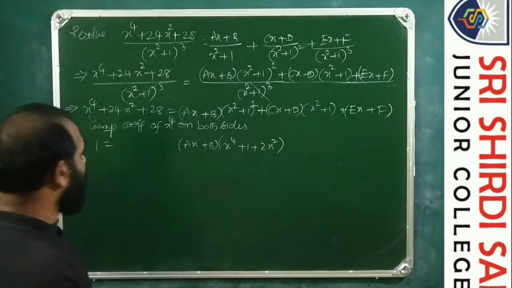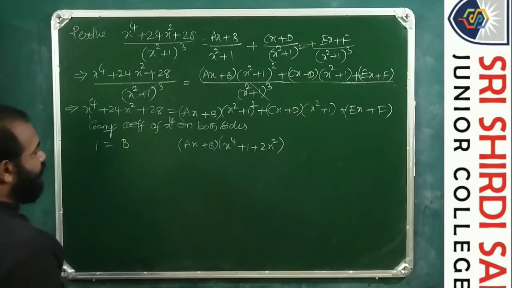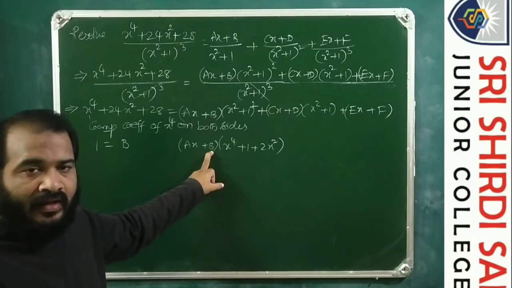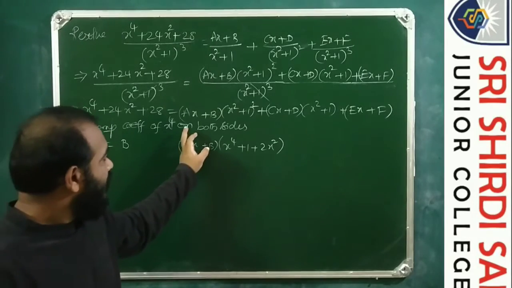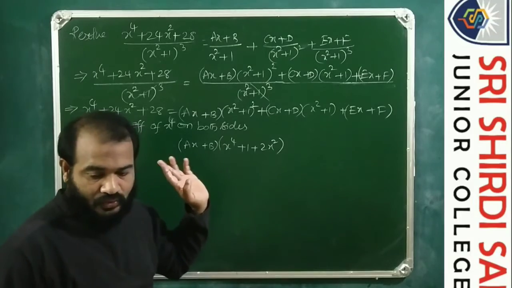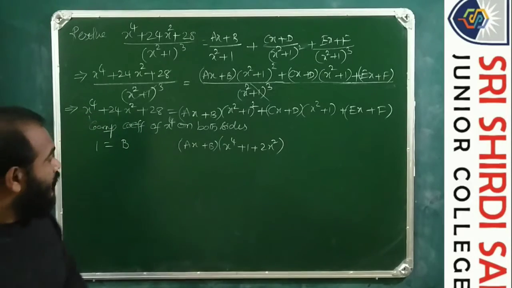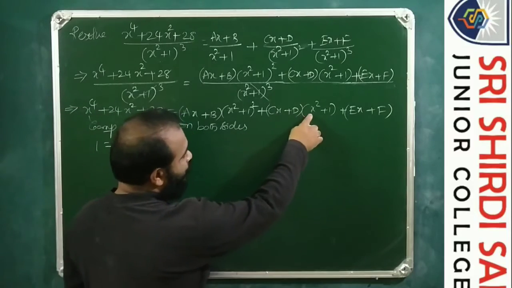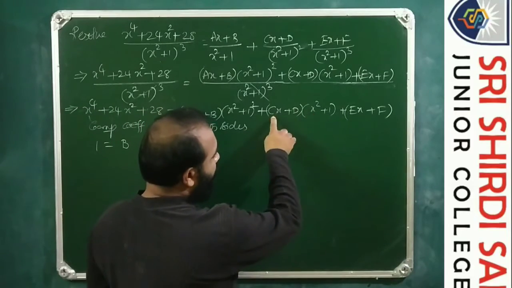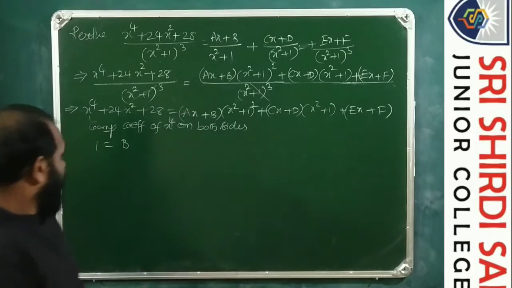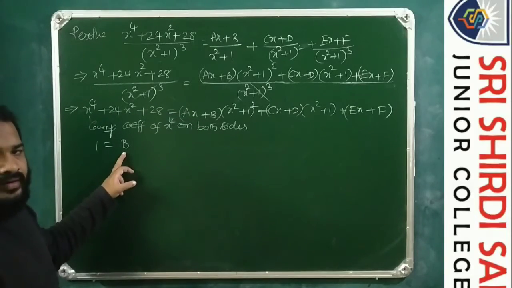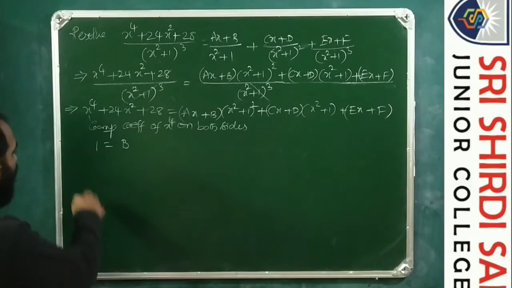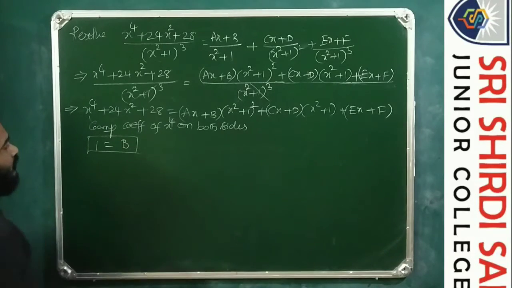So x power 4 coefficient here is b. We won't be getting any x power 4 coefficient in the other terms. Here cx into x square is cx cube, cx into 1. So this is the only term for the coefficient of x power 4 we get. Therefore, b is equal to 1.